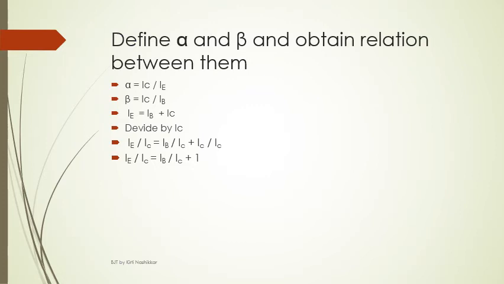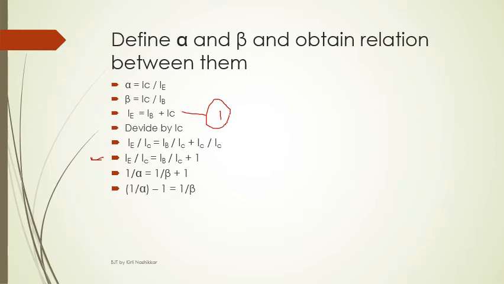So again, up to this format we have to follow the same steps, that is, we write about alpha and beta, then we write this equation, we divide it by IC and finally we get this. After this, again it will be replaced by 1 by alpha equals 1 by beta plus 1.